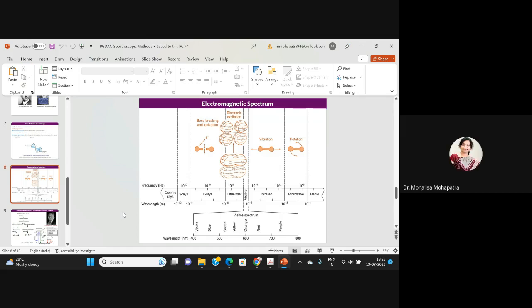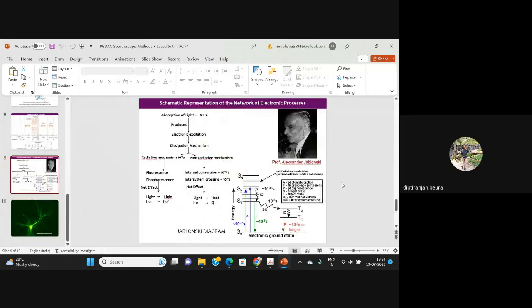When the light exceeds the vibrational energy requirements, then it will have both rotational and vibrational. So we can have both. The Raman effect or Raman spectrometry can be studied from a broad range of microwave to visible.